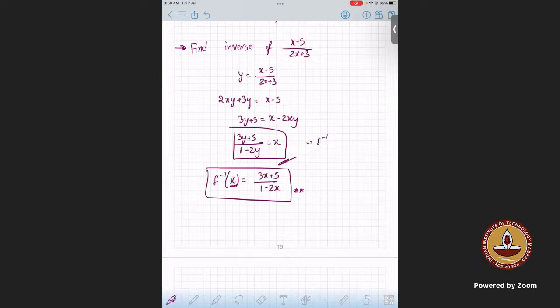Then okay, it will be many to one. You're drawing a horizontal line. If we draw a horizontal line as x tends to infinity, then I think it will be superimposed on the curve.